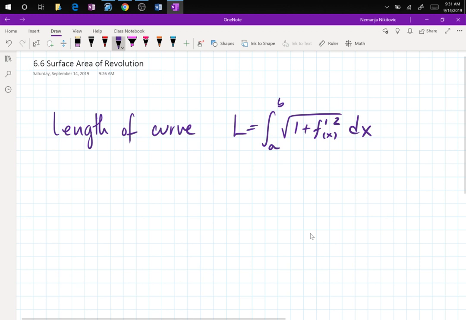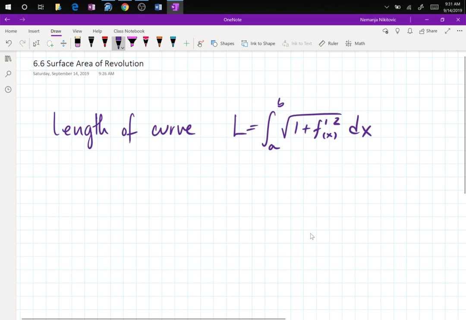What we are going to do today in 6.7 is rotate this length in space and calculate the surface area of the object.